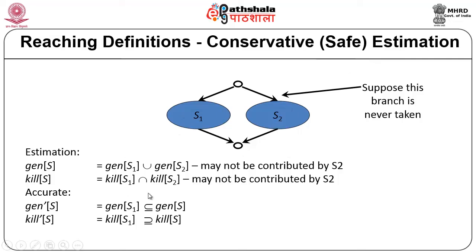Gen of S1 union gen of S2, S2 may not contribute at all, but still we are using kill of S1 intersection kill of S2. Again S2 may not contribute, but we are still computing this. Typically, the accurate comparison should be: gen of S1 should belong to gen of S, and kill of S1 should be a superset of kill of S. That is what we should basically look at.